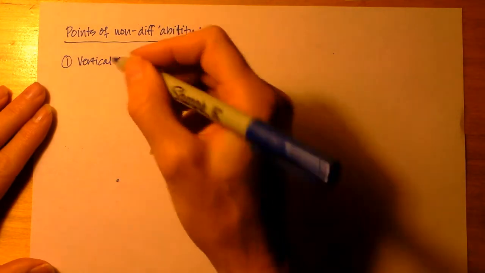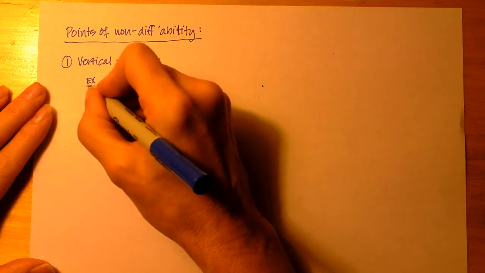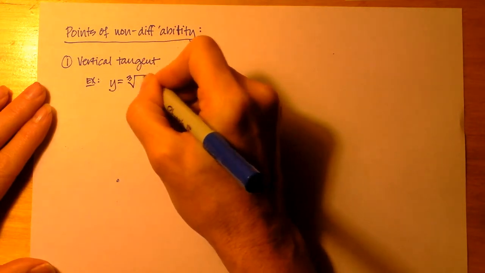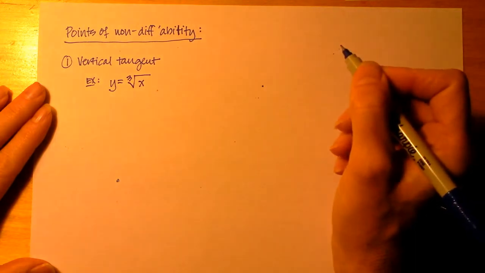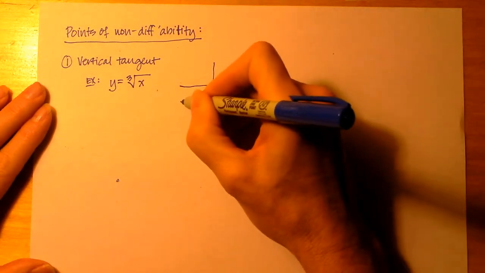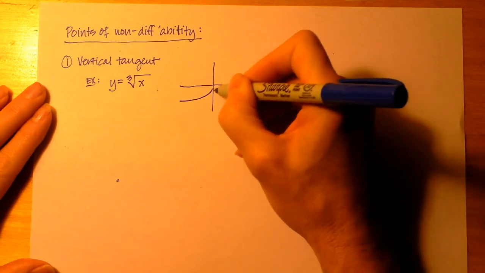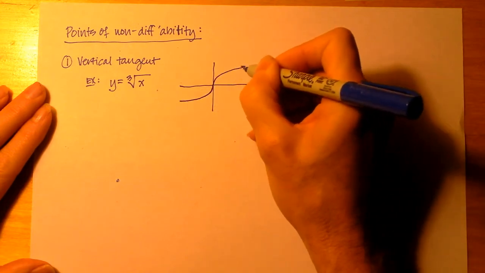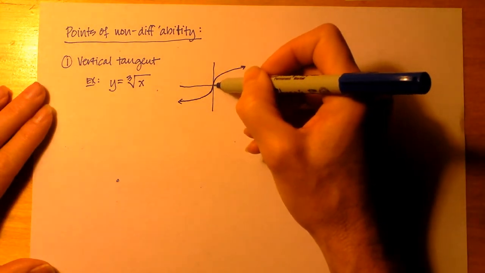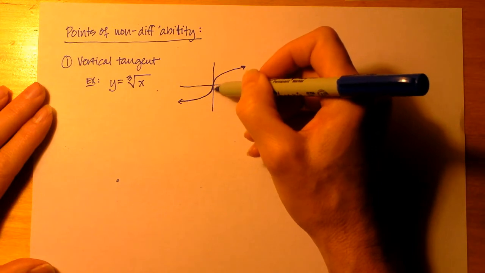One of the places where it does happen, the cube root of x has a graph that looks like this, kind of. It's got a vertical tangent line at x is equal to 0.